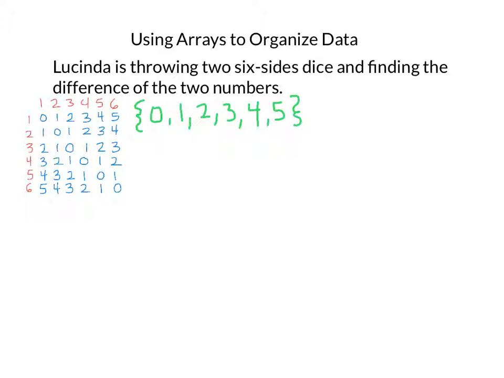Then we're going to ask, are all the outcomes equally likely, and explain. So hopefully you can see already that they're not all equally likely. There are only 2 5s where there are 6 zeros. In fact, there are 10 1s. So we're going to say not equally likely because of that.